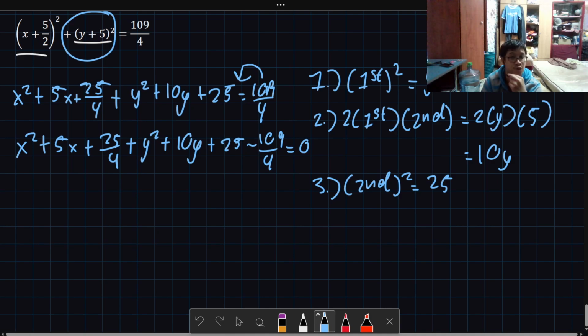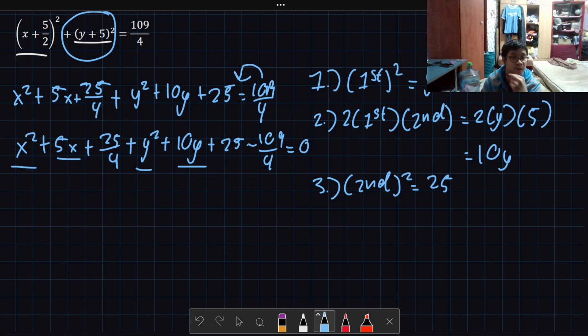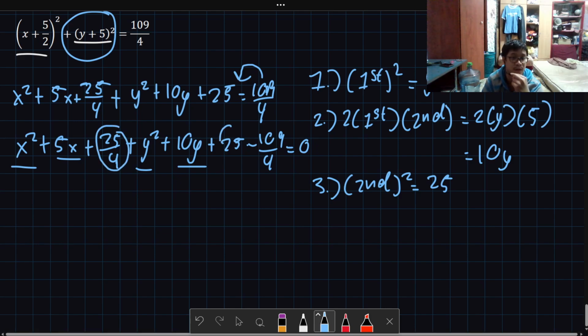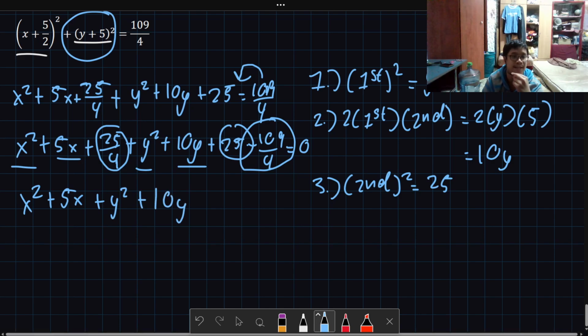The terms with variables, x², 5x, y², and 10y, are alone, so there are no similar terms to combine them with. Unlike the constants, there are three of them, so we can combine those three constant terms. Let me just copy the other terms: x² + 5x + y² + 10y.